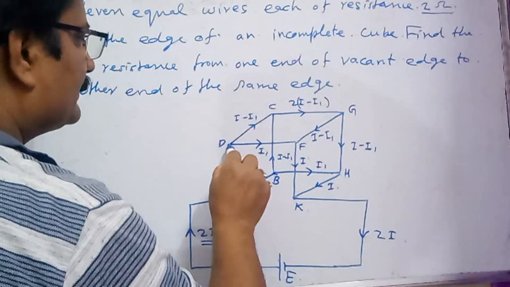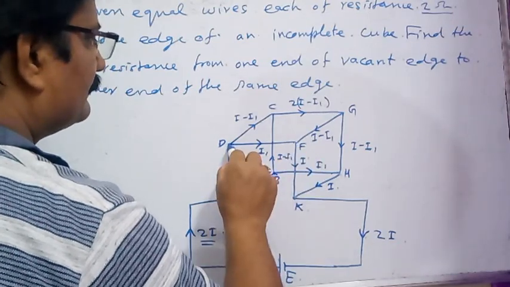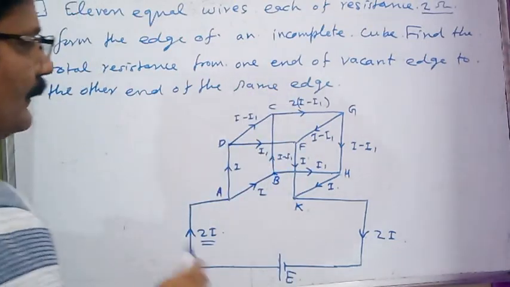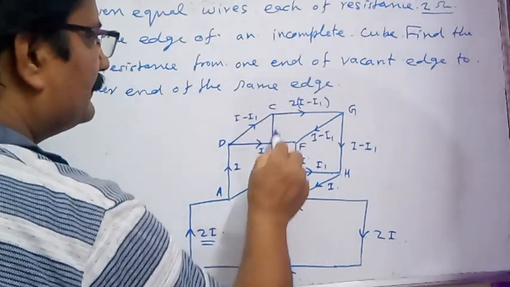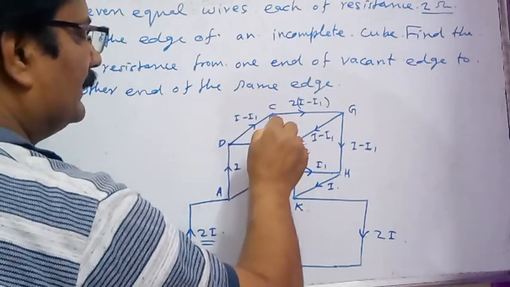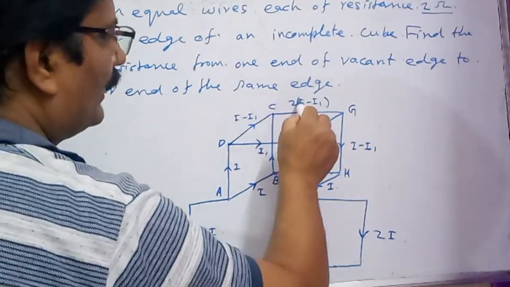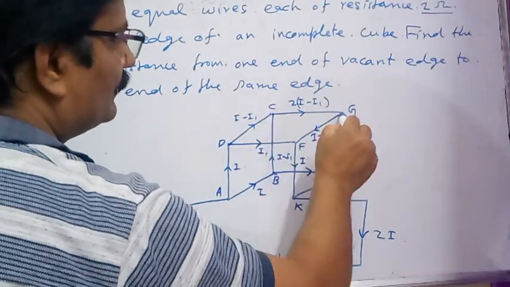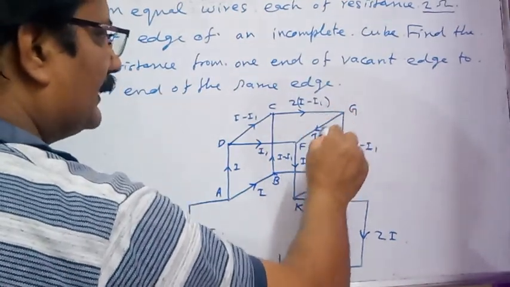Current I again divides into two parts at point D. I1 is flowing along this, I minus I1 is flowing here. So at point C, current I minus I1 is reaching from B and current I minus I1 is reaching from D. Both currents combine at point C, and current 2I minus 2I1 is flowing towards G. At point G, the current again divides into two parts.